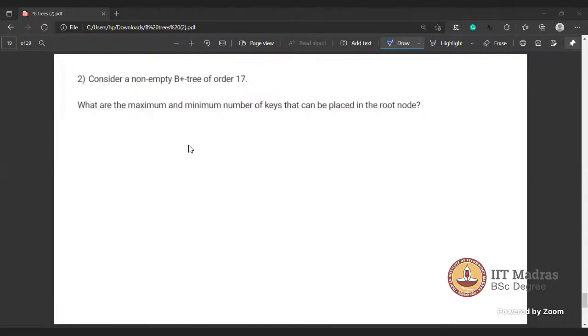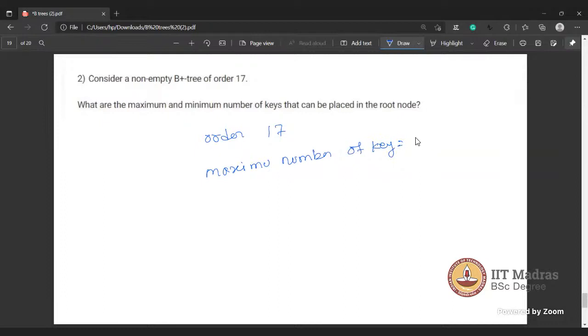Okay, so order 17. The maximum number of keys will be 17 minus 1 equals 16, and in the root node the minimum will be 1.